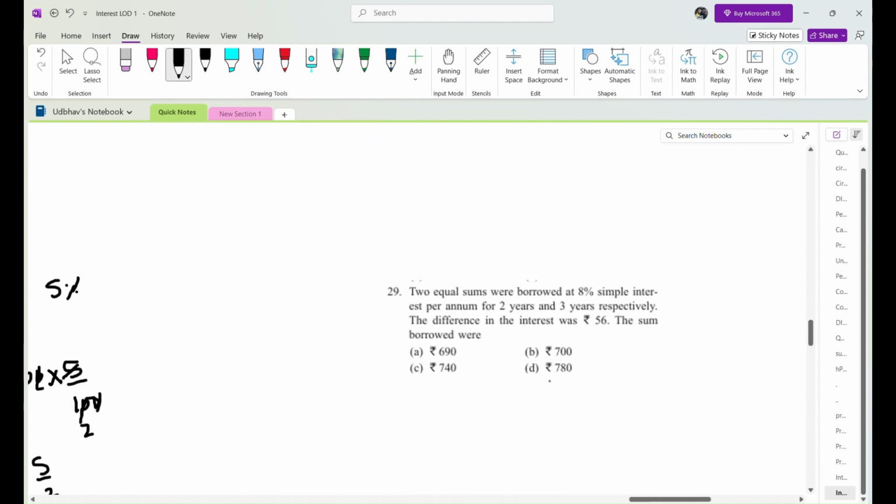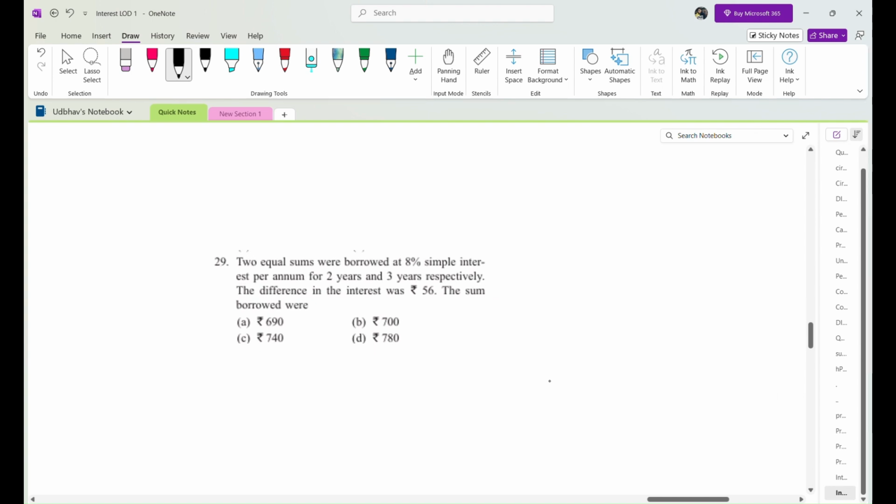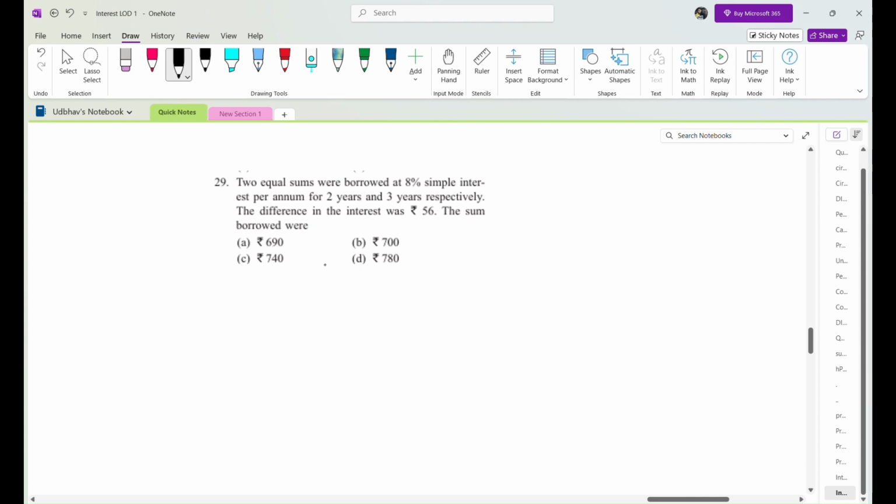Next question. Two equal sums were borrowed at simple interest per annum for 2 years and 3 years respectively. The difference in the interest was 56. The sum borrowed was? A similar type of question. Two equal sums, let's say one sum is 100, another sum is also 100, were borrowed at 8% per annum.